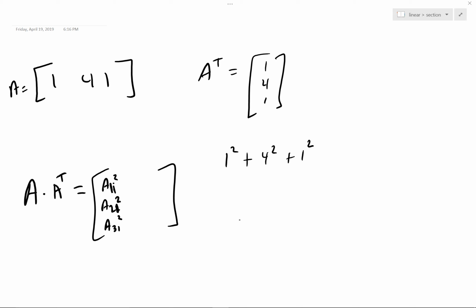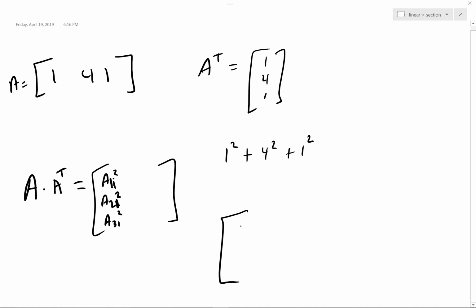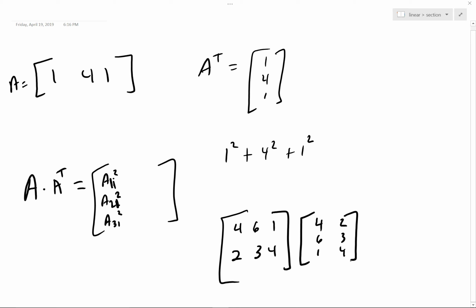Okay. So before we do this, let's see if this is true now. Let's do it. So I'm going to have 4, 6, 1, 2, 3, 4. Okay, so here you know what the answer is going to be. The answer is going to be 16 plus 36 is 52 plus 1 is 53.